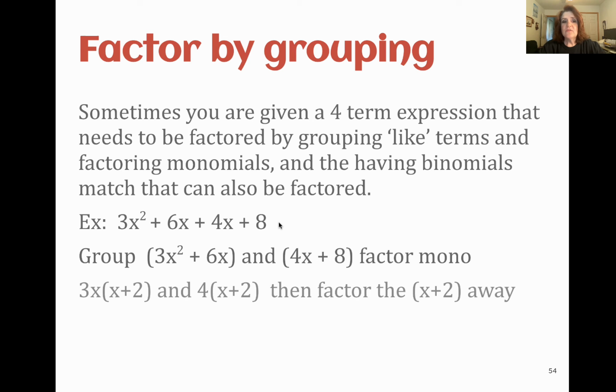So if we're going to factor that monomial out, we take a 3x out, and we take the 4 out. Then notice that the parentheses we just made match, and we would take those out. So it would be the matching parentheses times what remained.